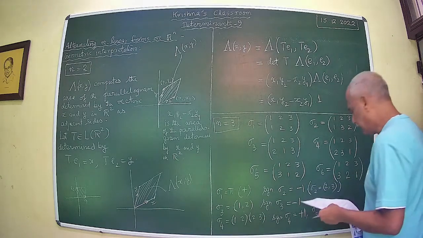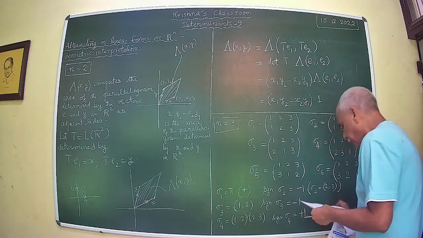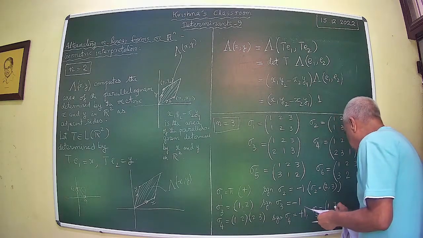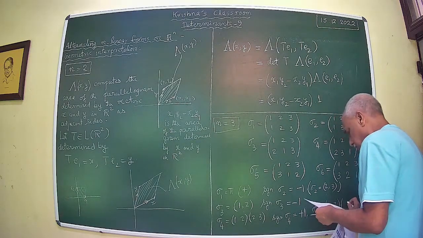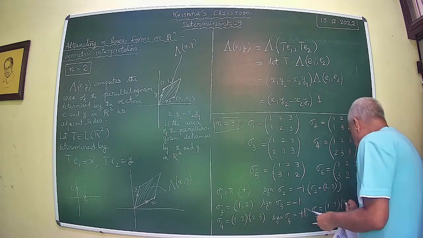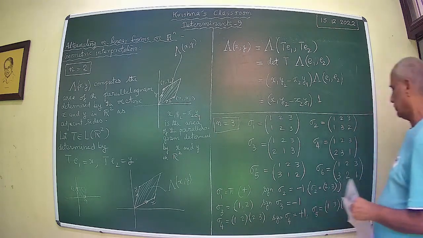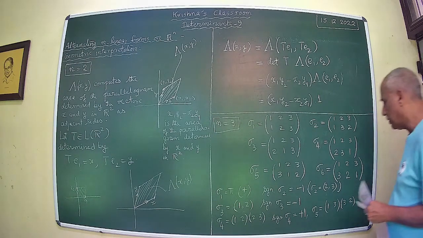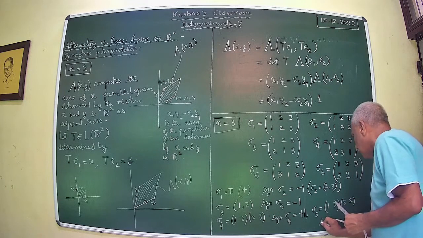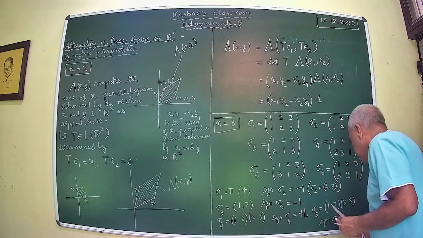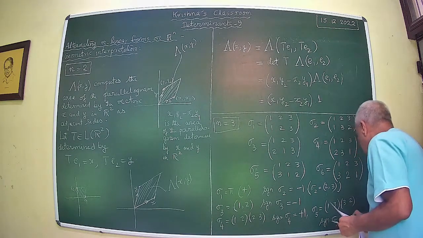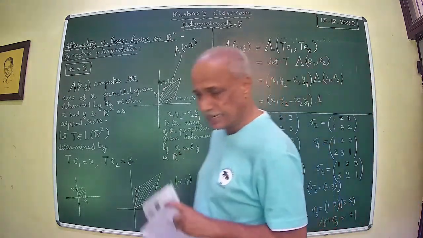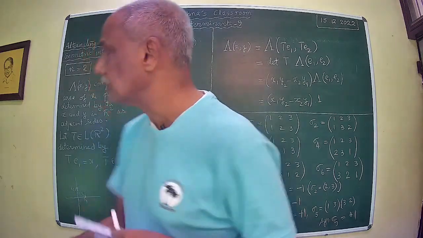And sigma 5 is again a product of two transpositions, namely 1, 3 and 1, 2. Therefore, sign of sigma 5 is equal to plus 1. And now come to the next one, namely sigma 6.